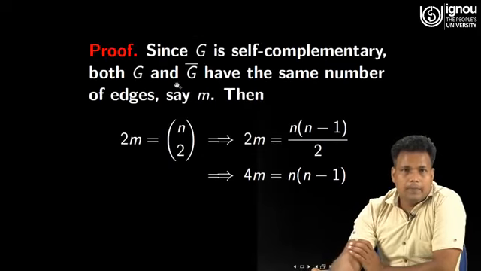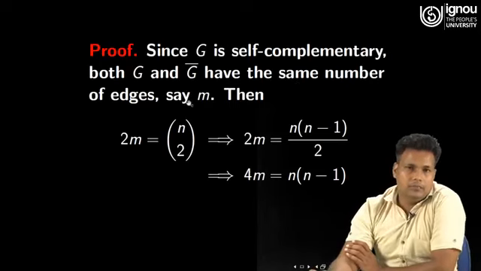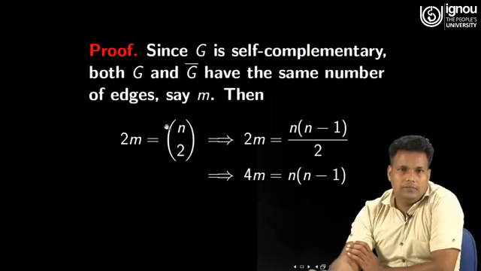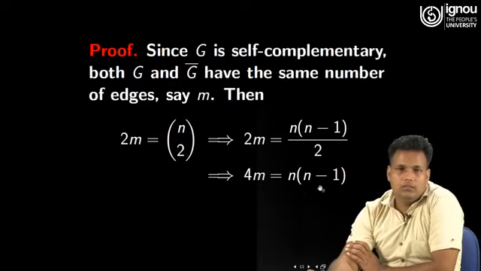To prove it, we are given that G is self-complementary, right? So this means that both G and G bar have the same number of edges, say m. Hence, if you add the number of edges of G and G bar, what you get is the size of the complete graph on n vertices, that is 2m equals n choose 2, which implies 2m equals n into n minus 1 by 2, and now this implies 4m equals n into n minus 1.